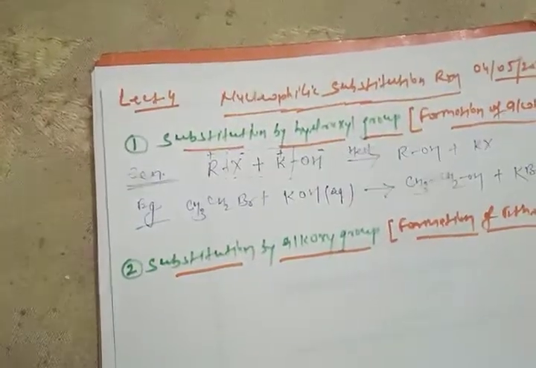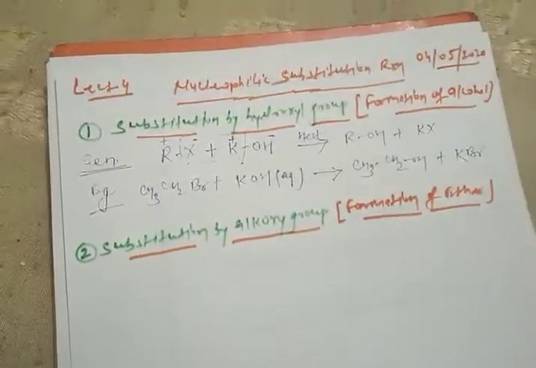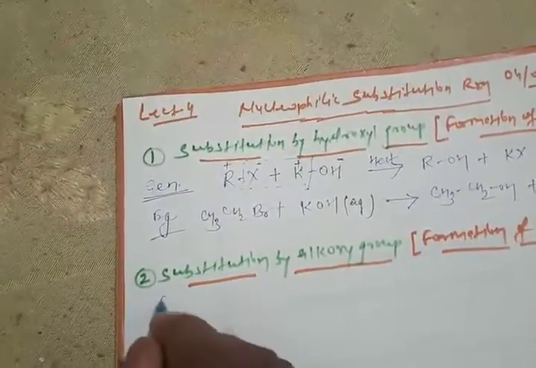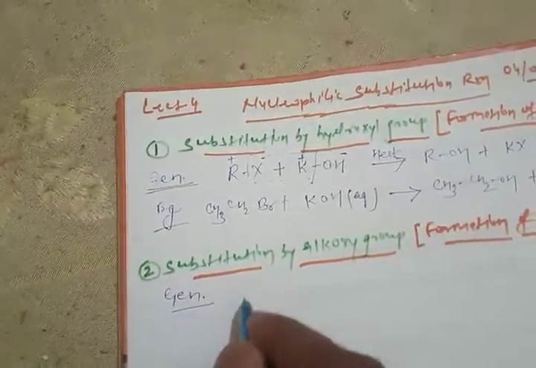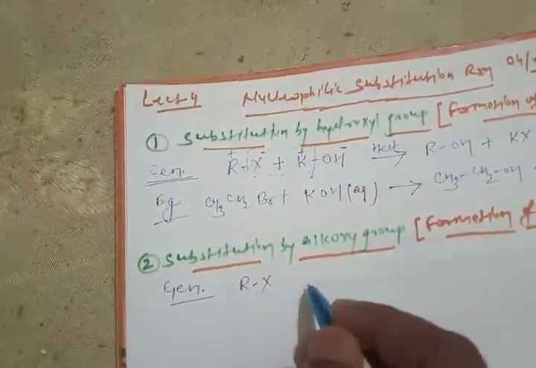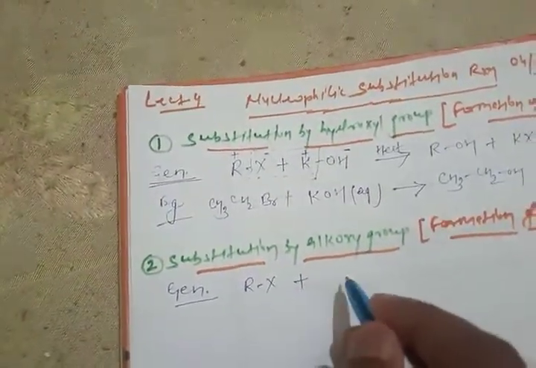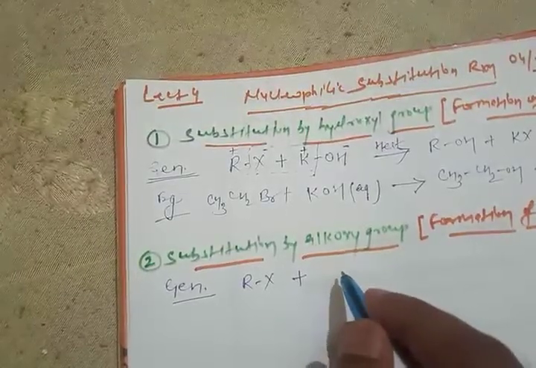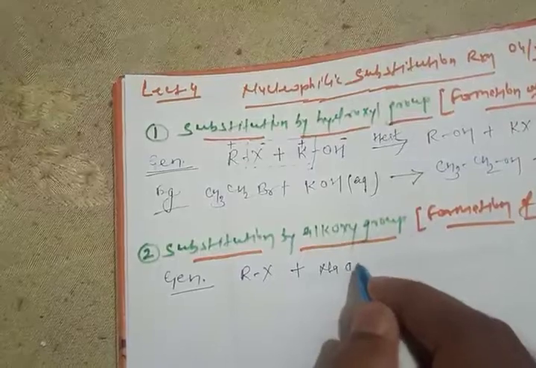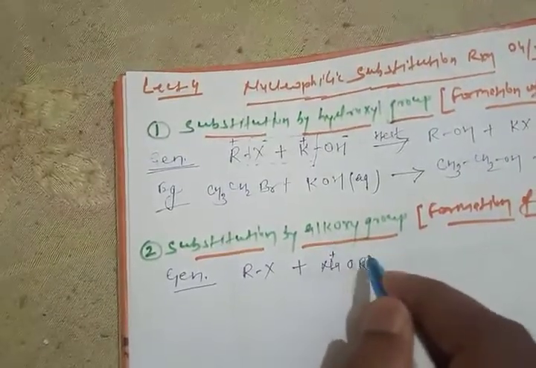Okay, so let's take an example of this. Let's write the general equation first. Again we have RX and then alkoxy. We'll take the example of sodium alkoxide. So here I'm writing NaOR, with Na plus.